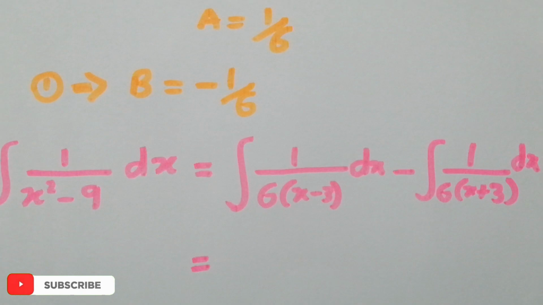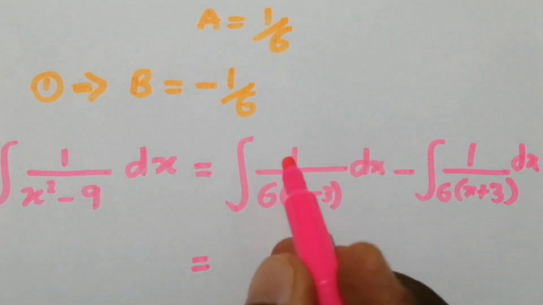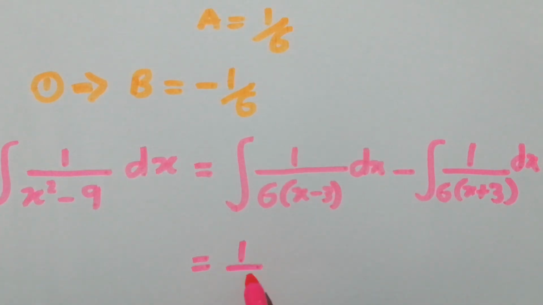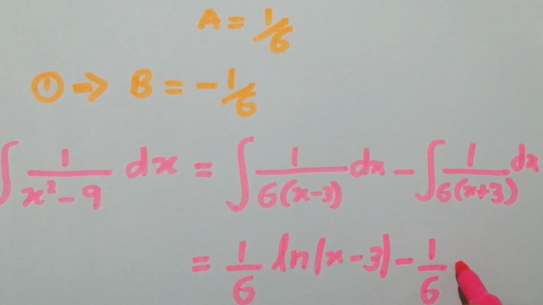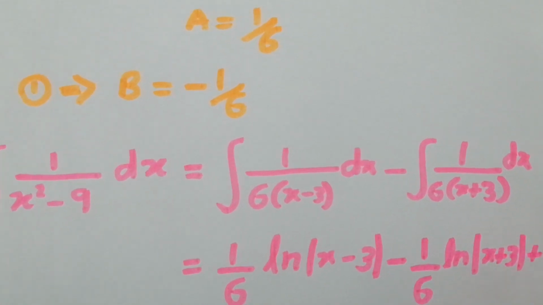Now in here, if I take the constant 1 upon 6 out, you can see the derivative of x minus 3 is 1. It is at the numerator. Then directly you can write it as ln of x minus 3. Similarly, for this term, if I take minus 1 upon 6, I am having ln of x plus 3 plus c.